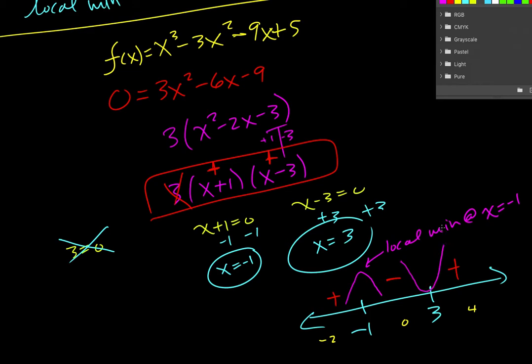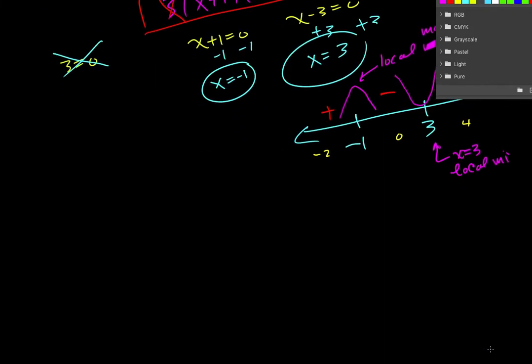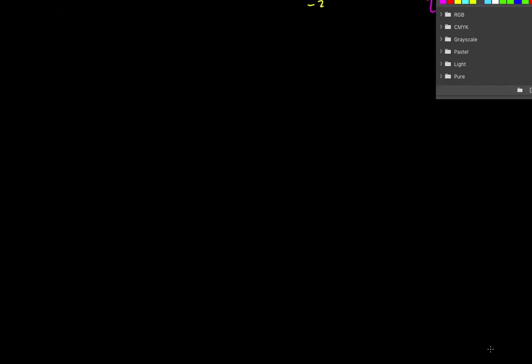Oh wait, sorry, that was local maximum. And then this one, we go down and come back up. And so at 3, we have a local minimum. Okay? Moving on to the next one.